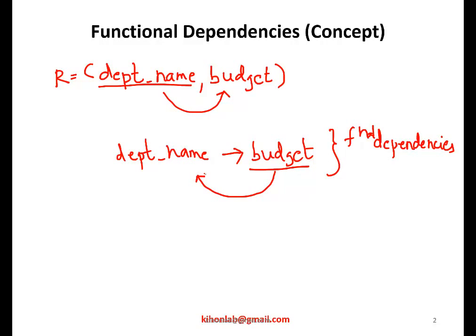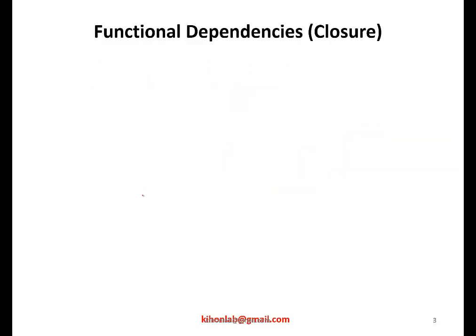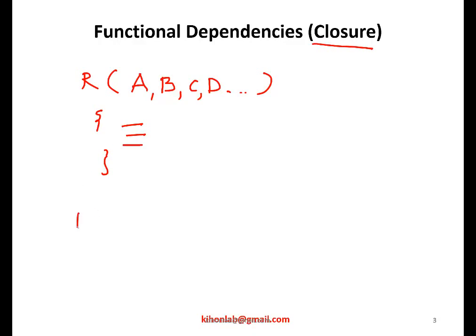There can be more than one dependency in the relation R. If you have a relation R with some attributes A, B, C, D, etc., then it can have multiple functional dependencies, like A derives B, B derives C. And closure of functional dependencies could be represented like this: F plus gives me all those functional dependencies which are present in the given relation R, as well as the logically implied dependencies which are not there in the original relation.